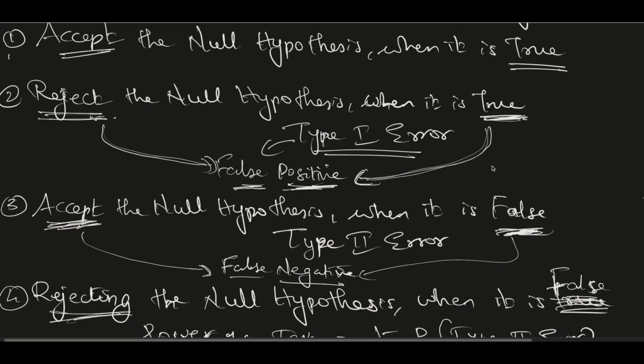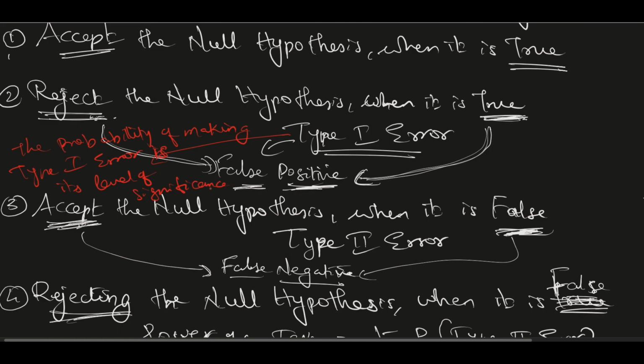And the probability of making a type 1 error is its level of significance.